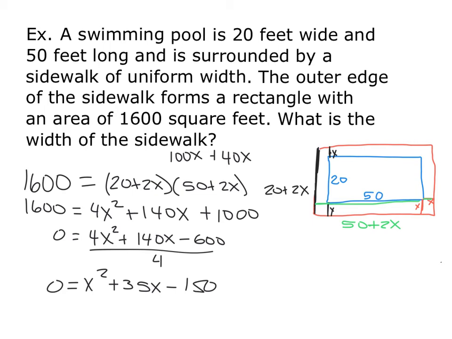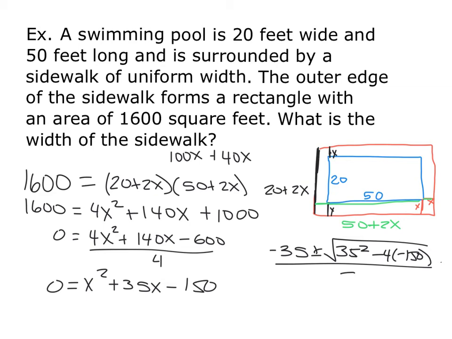All right, so negative b plus or minus the square root of b squared minus 4ac, all over 2a. Okay, so remember what we're finding here. We are finding the length of the sidewalk.